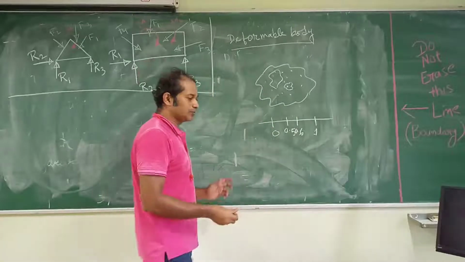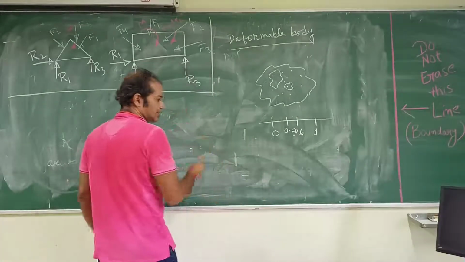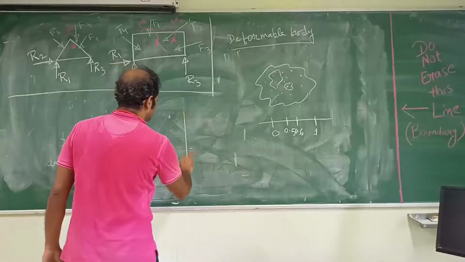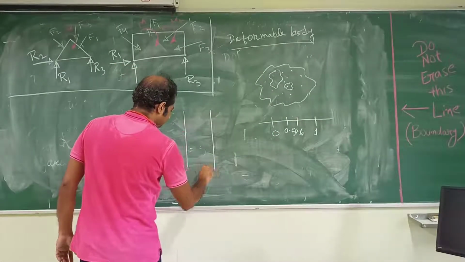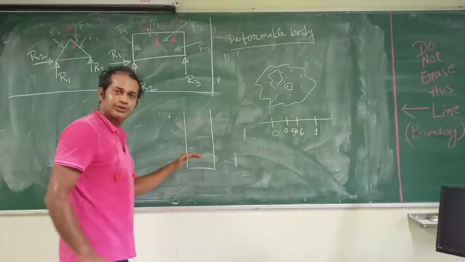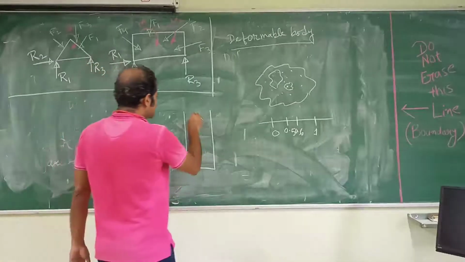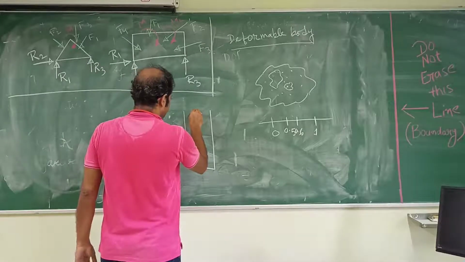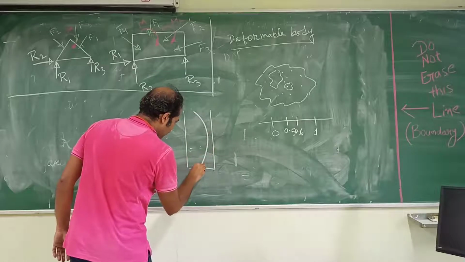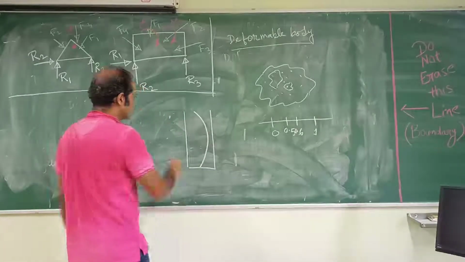Another example you can think about is from your class 11 sound chapter. For example, you have a cylindrical pot filled with air, and you have drawn the sound wave like this.